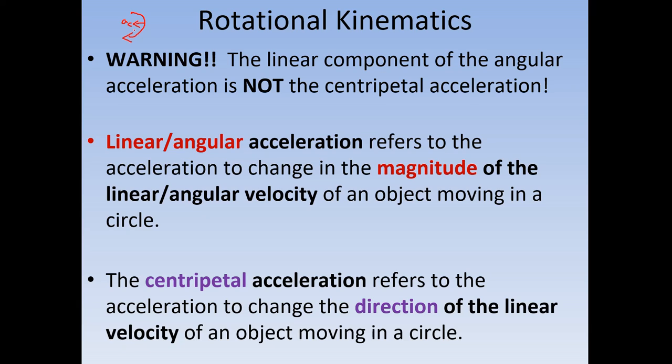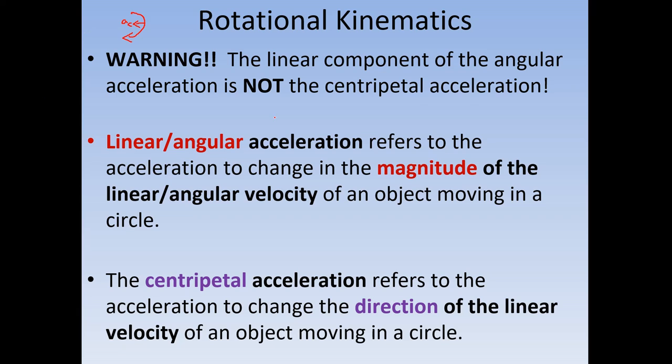We talked about how in the one case where you do move in a circle, the centripetal acceleration is not changing how fast you're going, but changing the direction your velocity is pointed. So when we're moving in a circle, we have two aspects. We have a linear component of acceleration, which is related to the angular acceleration, which is affecting the magnitude, the speed that we're changing, while the centripetal is changing the direction.